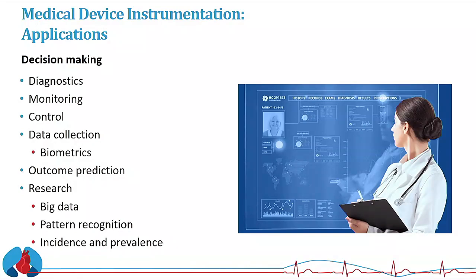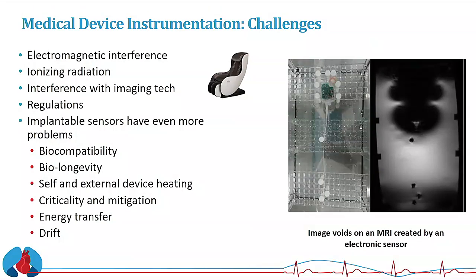We want data on all of the patients so we know exactly what's going on with them, what's causing them, and so on. Pattern recognition, which I'll talk about a little bit later, and also epidemiology. So incidence of a disease, what people are these diseases affecting, why are they affecting them, and how can we help them.